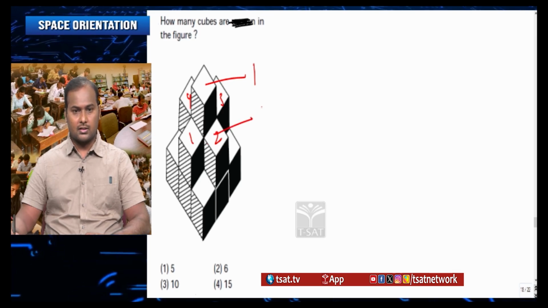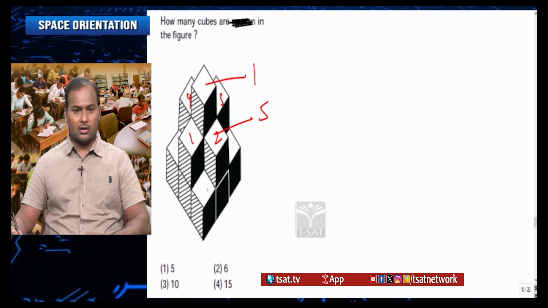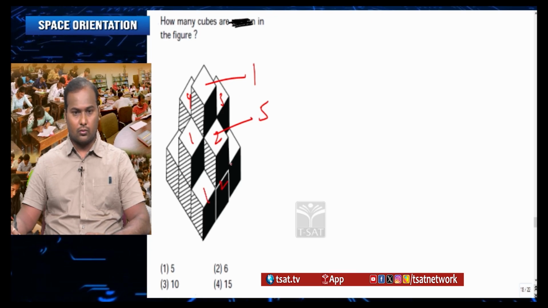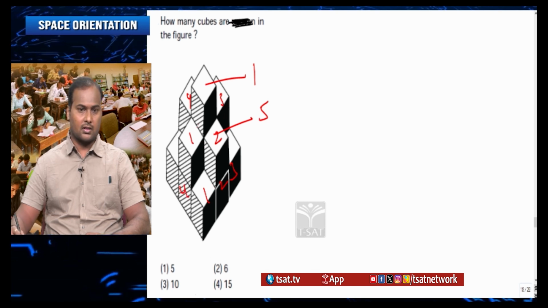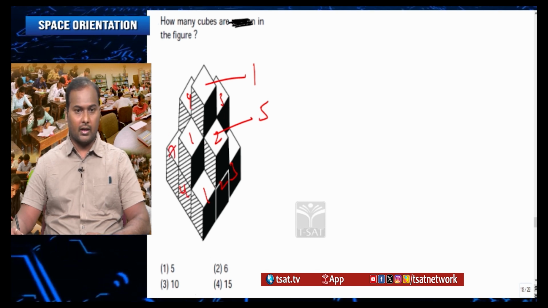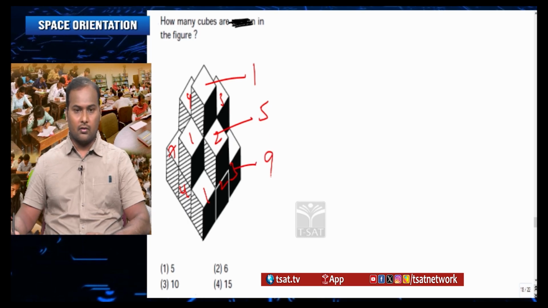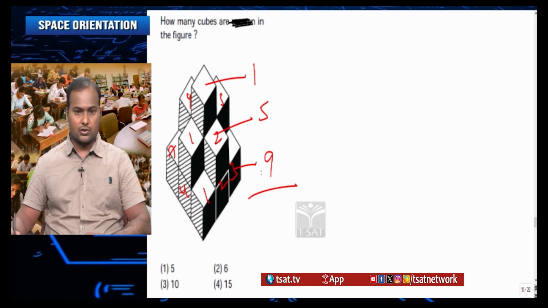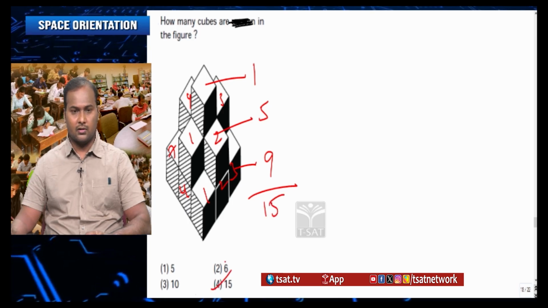So here total in this layer 5 are there. How many are at the bottom? At the bottom what is visible is 1, 2, 3, 4, 5 center, 6 on the other side. Again 7, 8, 9. So total 9 at the bottom. If you add 9 plus 5 plus 1, so 15 is the answer. So your answer is option 4.